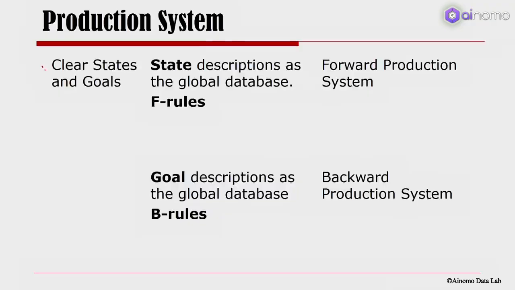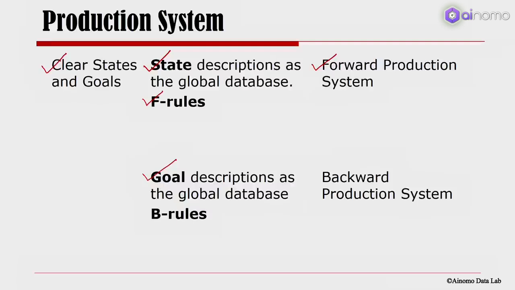We need to have clear states and goals. In the first, the state description forms my global database, and I have my forward-looking rules, as in the example of the 8 puzzle that I highlighted, which are referred to as the F rules. I have the forward production system. On the other hand, if I have goal descriptions as my global database, so I have the final goal, the goal just before the final goal, the penultimate goals are my sub goals.